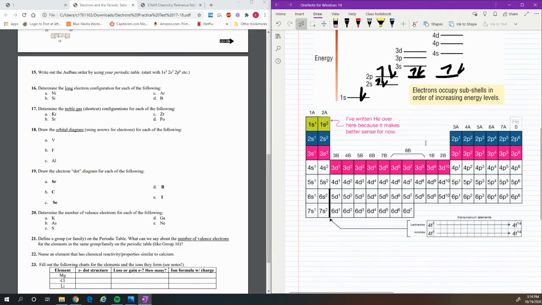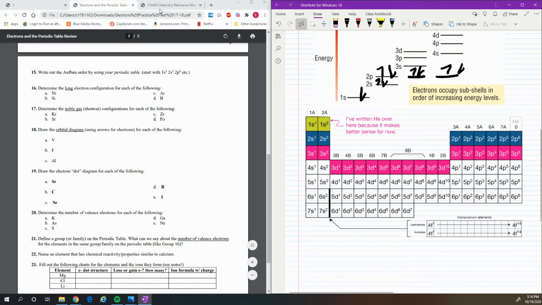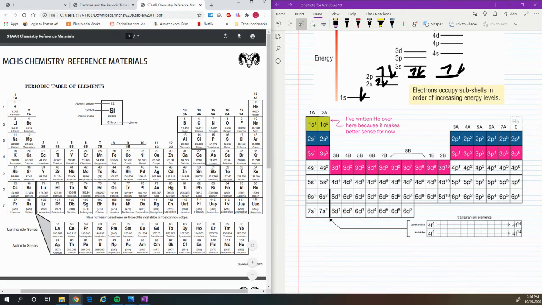So, the way valence electrons work is, let's look at this. Valence electrons are just how many electrons are on the outside.